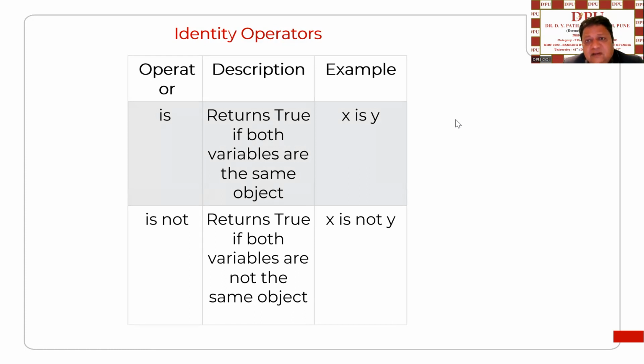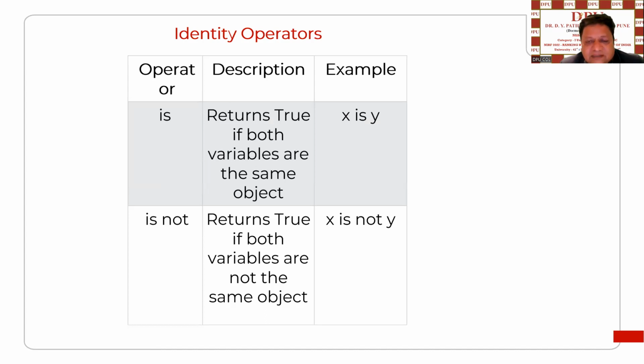Like I said, they check whether two objects are pointing to the same memory location or not. So this is very important. Suppose that here x has a value of 10 and y also has a value of 10. Both are two different memory variables, stored in two different memory locations.